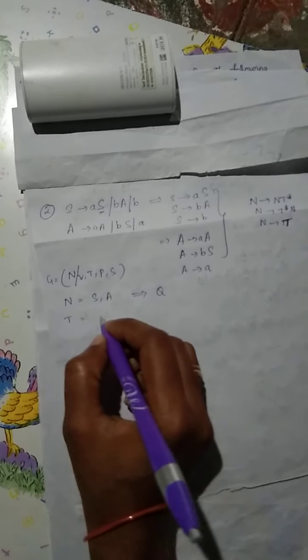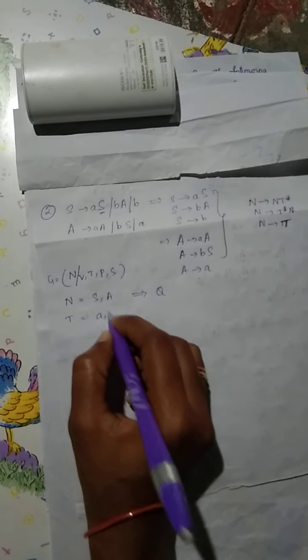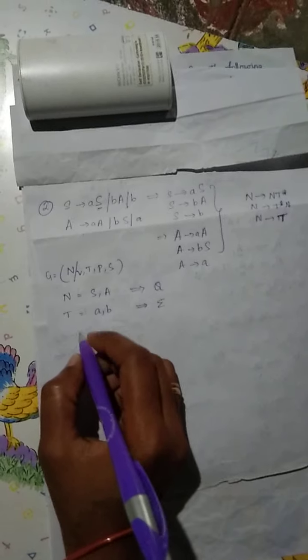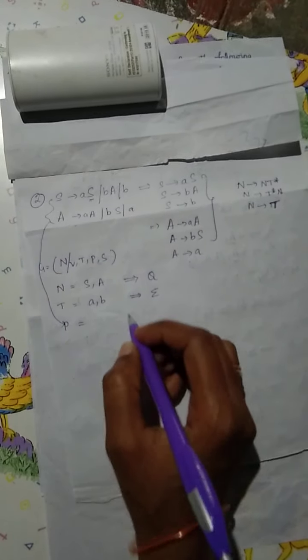The terminal symbols, small case letters a and b, act as the input symbols. Next we have P, that is productions. These productions act as delta, the transitions in the automata.